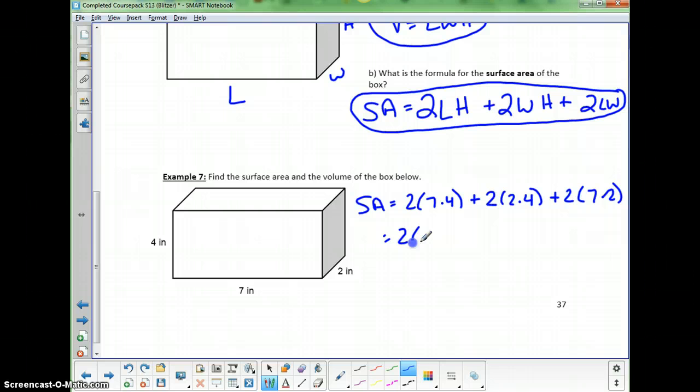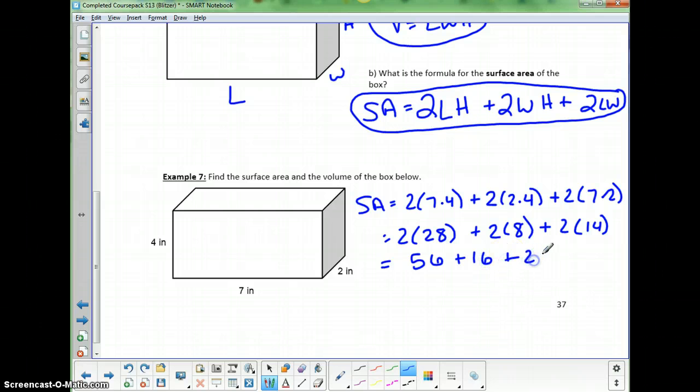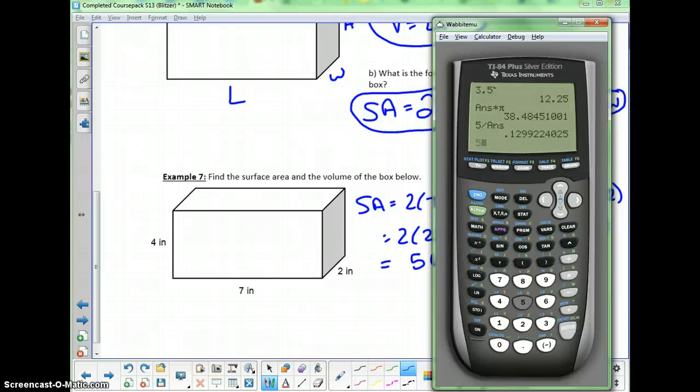So we've got 2 times 7 times 4 is 28, plus 2 times 8, plus 2 times 14, so 56, plus 16, plus 28. Let's just add those up quickly. 56 plus 16 plus 28 comes out to 100 even.